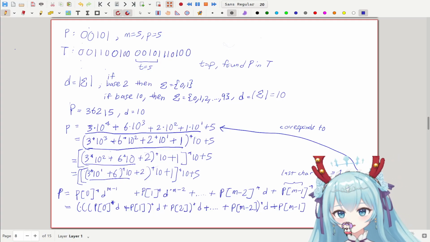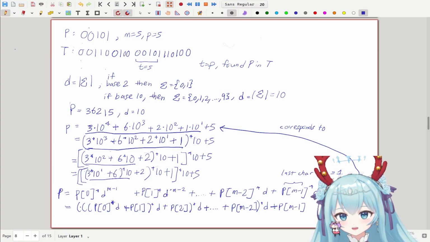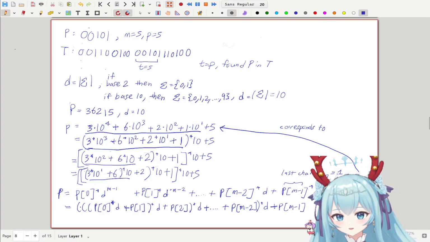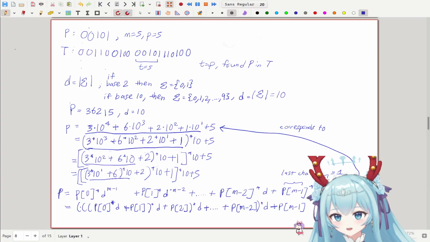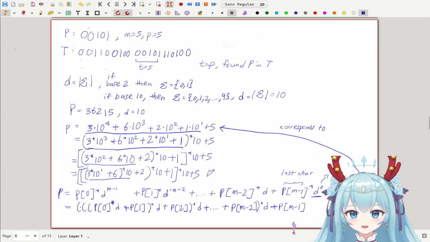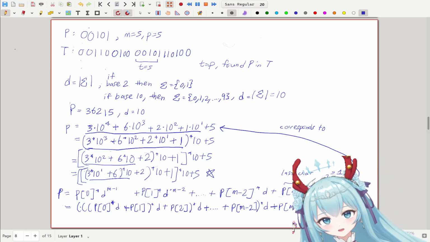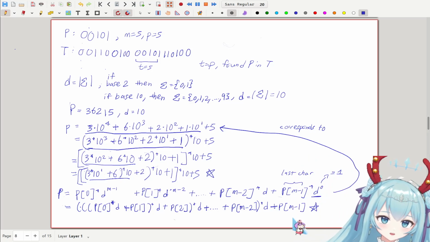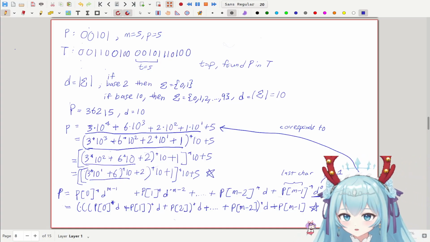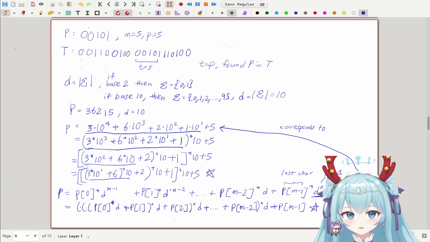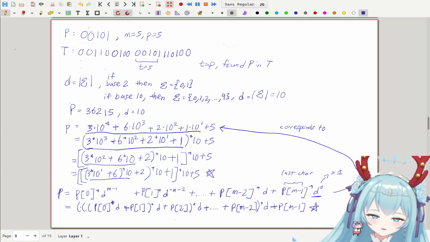Okay, so both these stars here are equivalent to each other, and the second star is just the general formula that we want because it's easier to convert that to a for loop block.